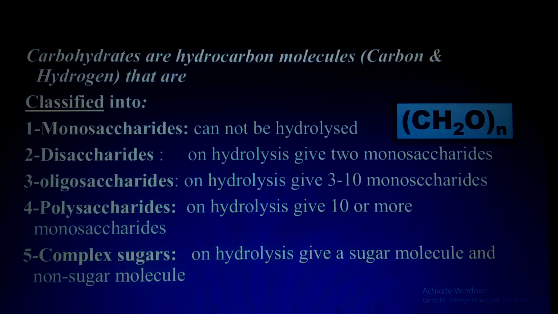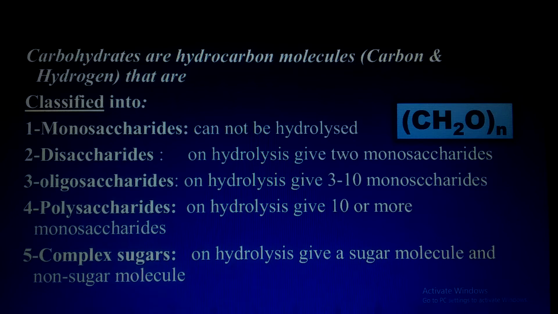Similarly, poly means many. So polysaccharides, which are the most important class of carbohydrates, on hydrolysis give 10 or more monosaccharides, and I will explain all these with the help of examples step by step.